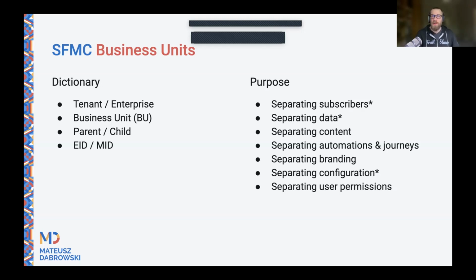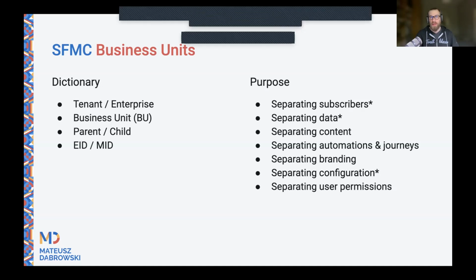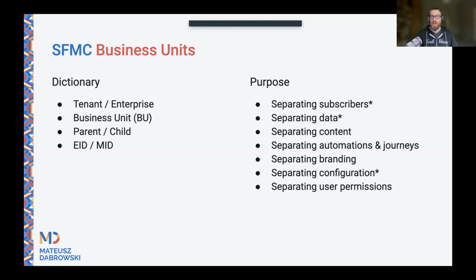And I see the first question: can we use shared folders to share all separated items about various business units? Yes, but it depends, meaning that for data extensions, sure, there are shared data extensions that you can leverage to share across the business units. For the content, yes, there is a shared folder and you can use it for sharing the content.